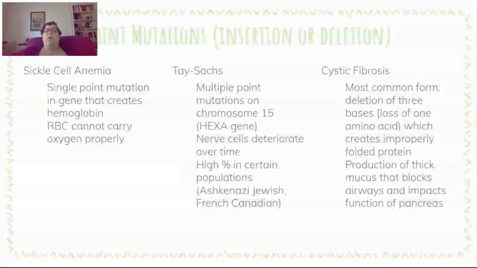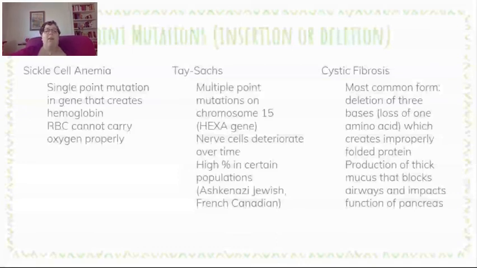So you've probably heard of sickle cell anemia. It's a single point mutation in the gene that creates hemoglobin, which is the protein in your blood that carries oxygen. So what happens with sickle cell anemia is that red blood cells can't carry oxygen properly anymore.